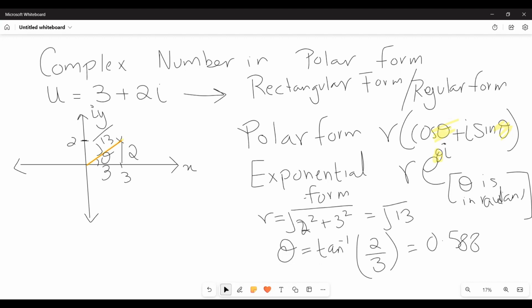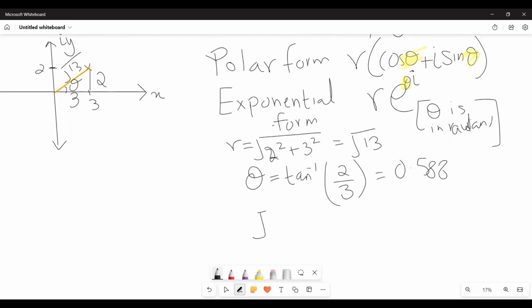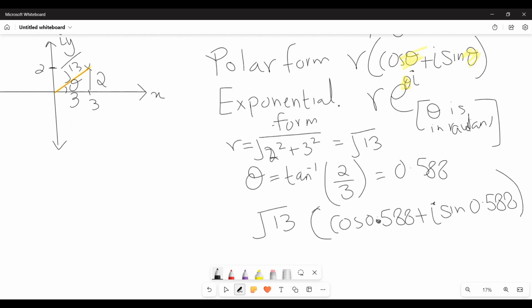So the polar form would be under root 13 bracket cos 0.588 plus iota sine 0.588. Okay. And exponential form is going to be R, which is under root 13, e, which is a constant, just like pi, power theta, which is 0.588 iota. This is going to be exponential form.